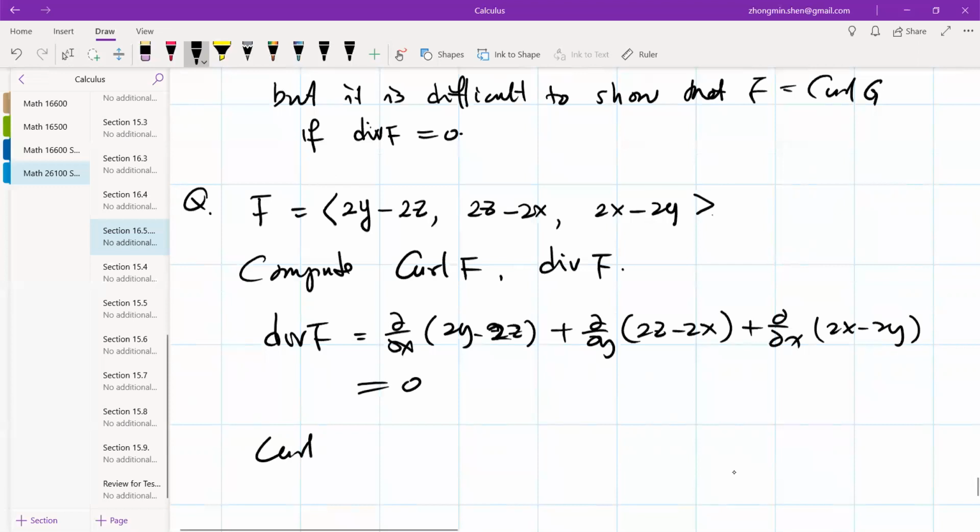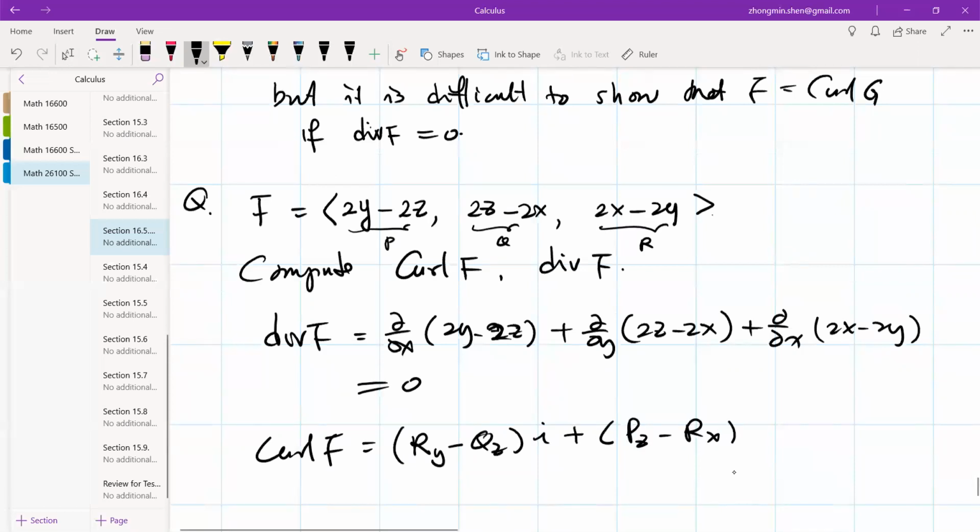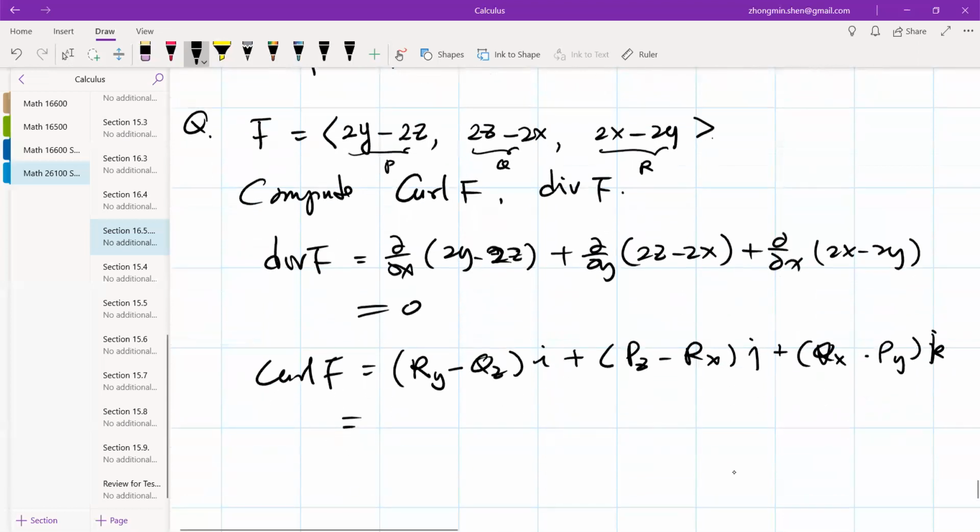How about the curl of this F? If this is P, this is Q, this is R, then the curl is (R_y minus Q_z) i plus (P_z minus R_x) j plus (Q_x minus P_y) k. Let's do the computation.